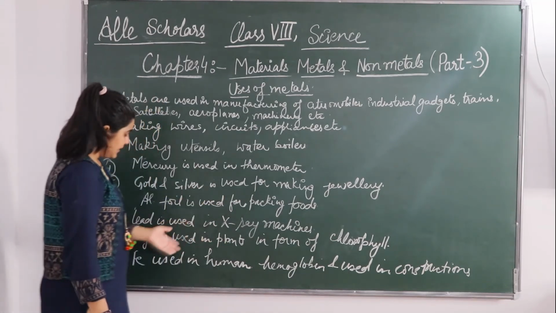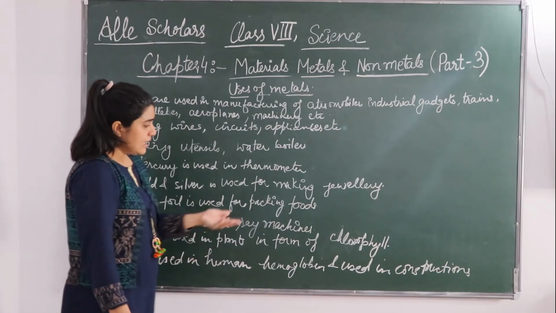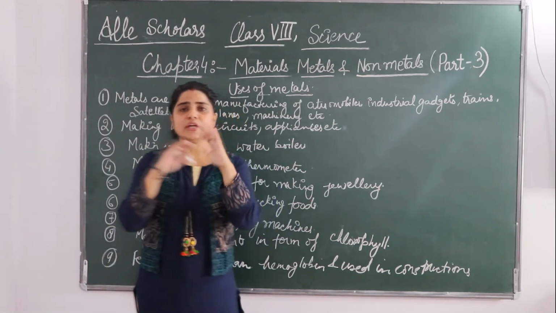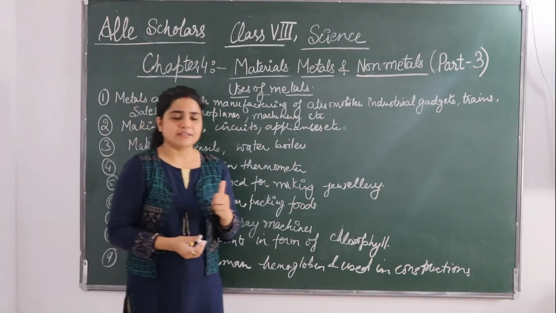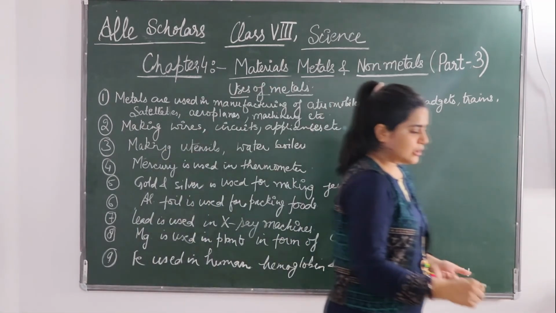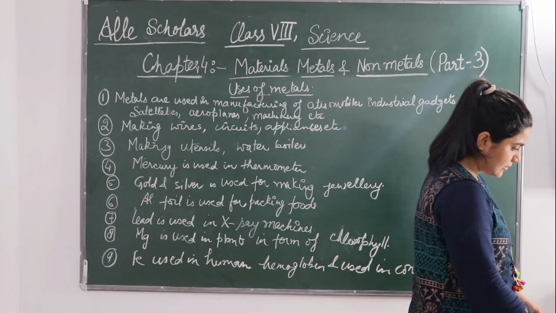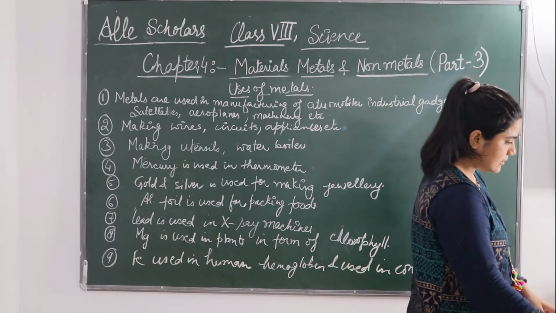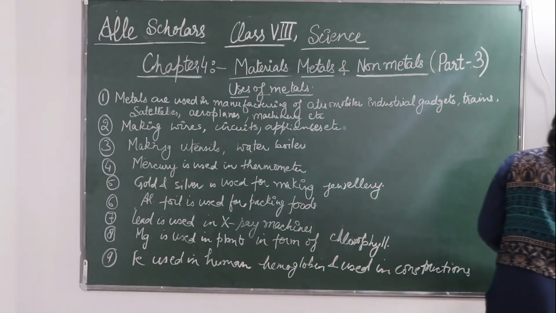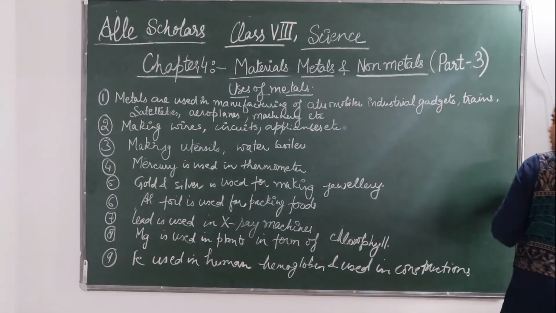And in plants they are used in different forms, in hemoglobin, in construction. So there is a wide variety where these metals can be used. Okay. So now next we shall see about non-metals, where these non-metals are being used.